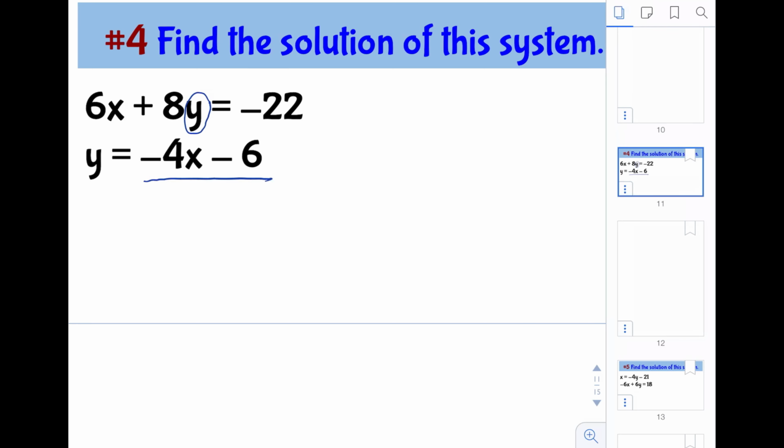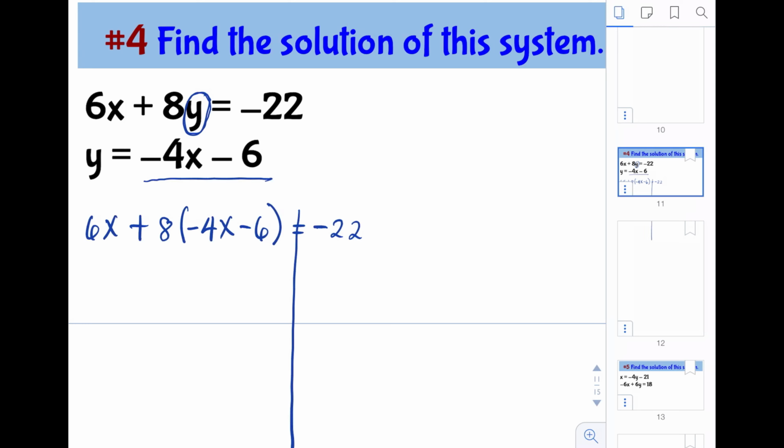Again, we will substitute negative 4x minus 6 into the y of our first equation. So, solving for the solution of this system, we now have 6x plus 8y, and instead of y, I will substitute negative 4x minus 6 is equal to negative 22.